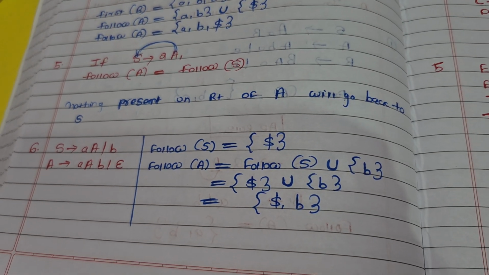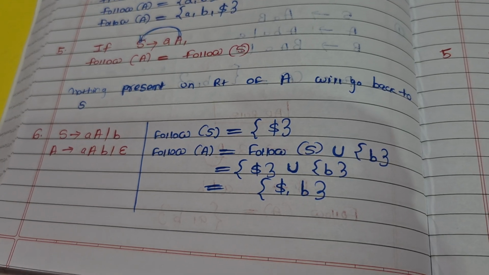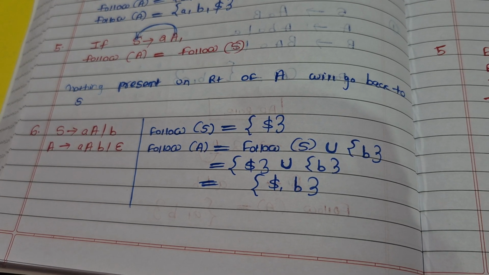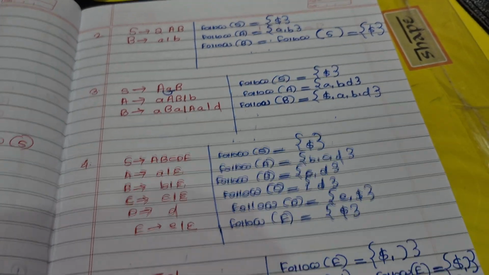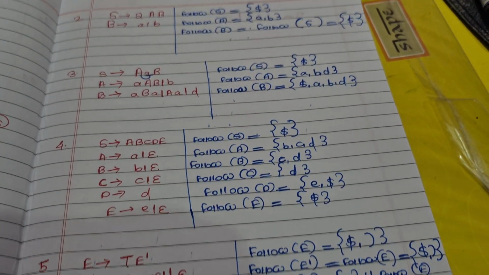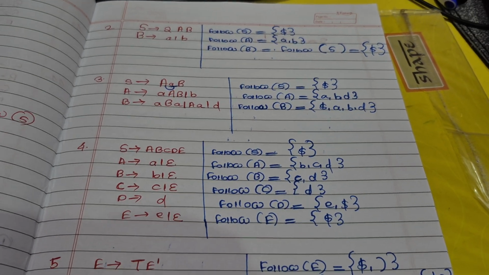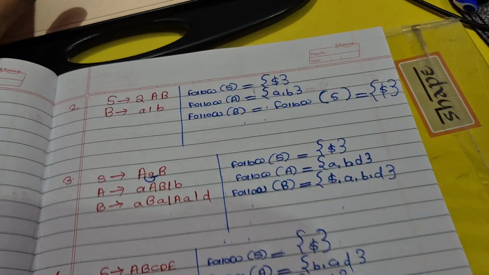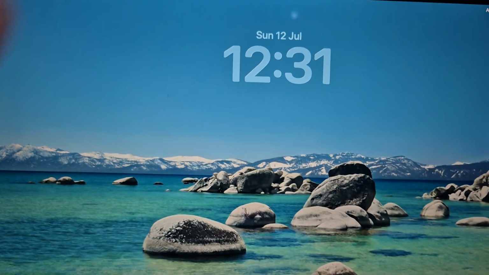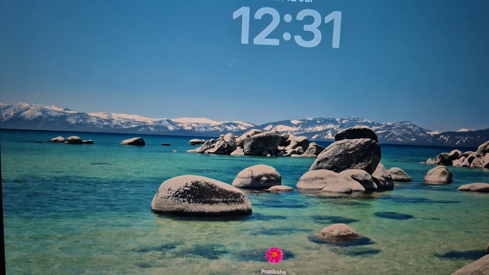Then again, this is follow of S. We all know S is the start symbol, so dollar would come for S. This example is only to find follow. This much only I studied, but it's fine. I'll complete it tomorrow. So coming back to the dashboard.